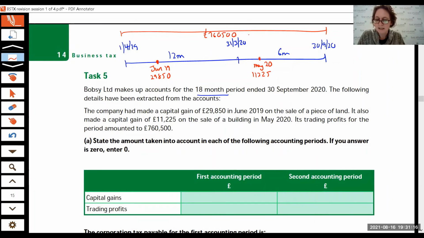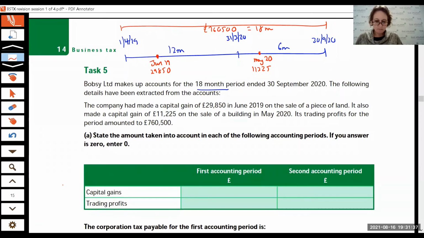The whole 18 months. And I just think that having sketched that out on my workings paper, the timeline together with the individual bits of information about the gain and the profits is going to help me when I come to answer this question.